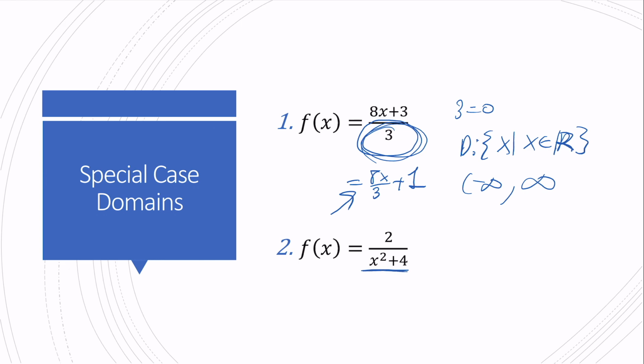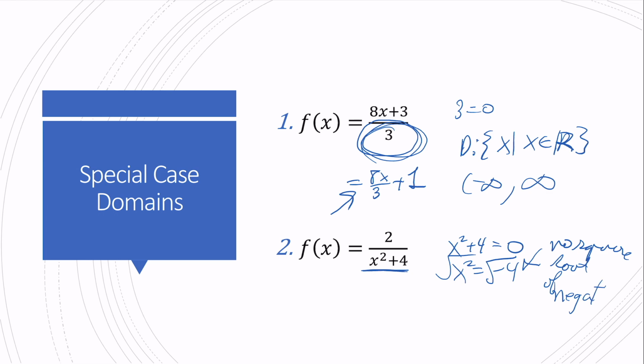Here I've got x squared plus 4. Well, I can't factor that because it's a sum of perfect squares. So I'd get x squared as negative 4. And if I try and take the square root, we can't take a square root of negatives. Another thing you might notice is that my denominator would never be equal to 0, and would never be negative because it's always an x squared.